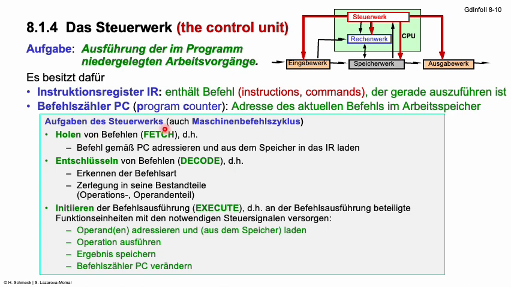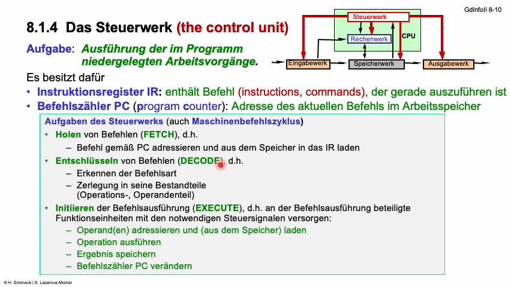And these are all controlled through the control unit. Fetching the instruction means that the next instruction is fetched from the memory address that is currently stored in the program counter and stored in the instruction register.